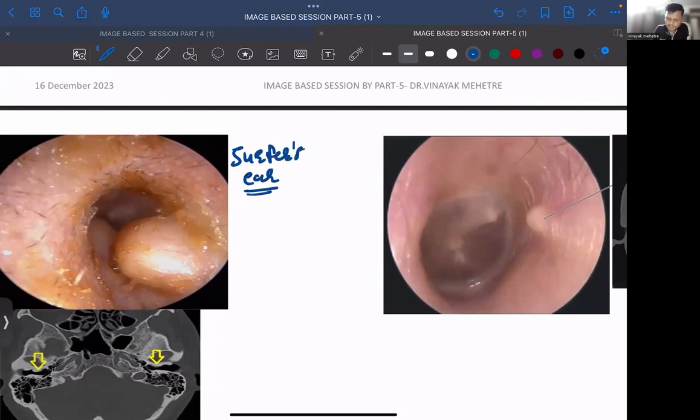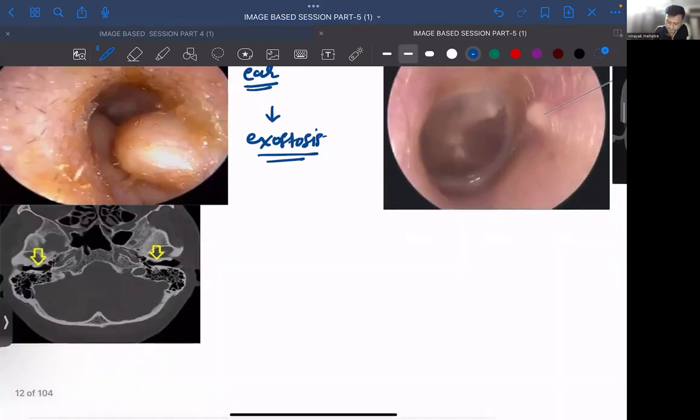What is going to happen over here? There will be exostosis, exostosis of the bony part of the external auditory canal. And as I said, it will be bilateral.